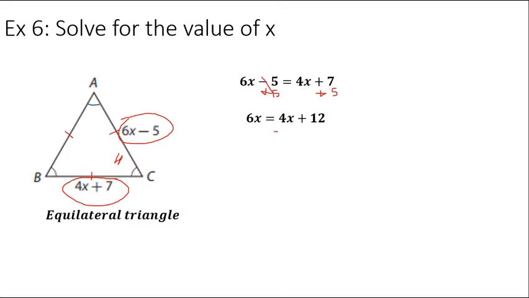Then I subtract 4x from both sides, so these eliminate. I end up getting 2x equals 12. Divide by 2, so that means x equals 6. Since we just needed to solve for x, that's all we need to do here.